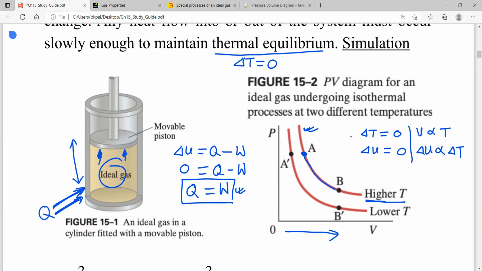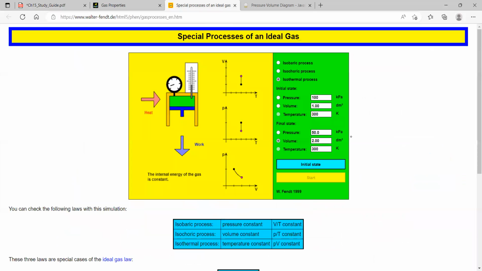Also, we can see the same thing in this simulation. Okay, so here you can show several processes, but I want to show you basically the isothermal process. So you see here on the left hand side, we have an arrow.